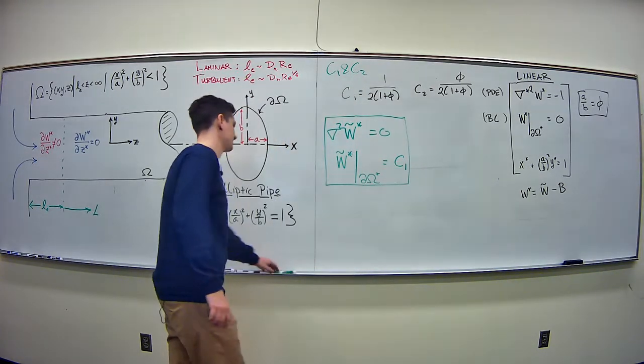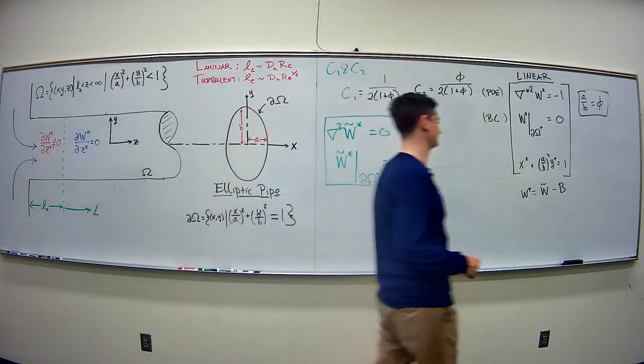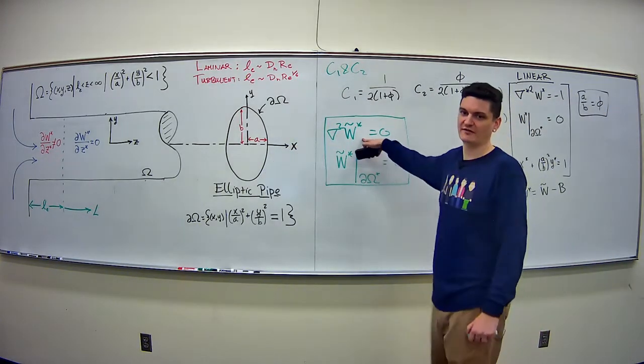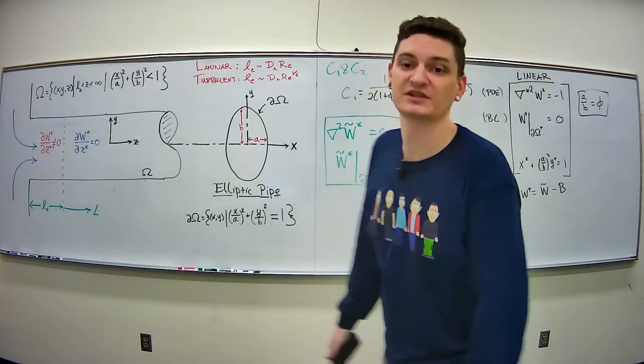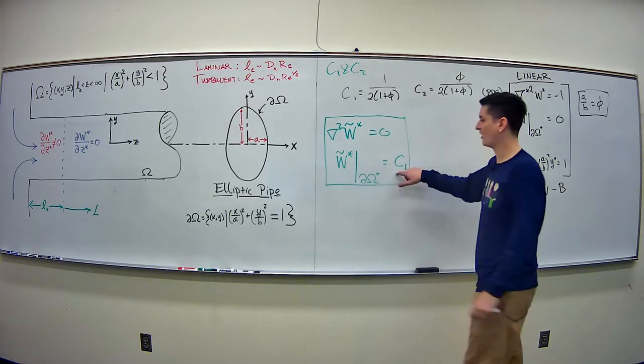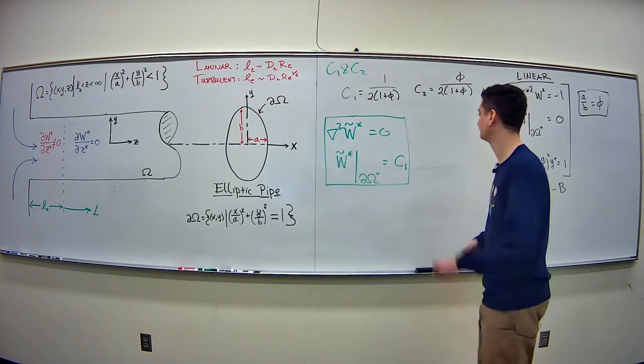Now I want to maybe just show you why that would be the case. What this equation says is find me the function w that has 0 curvature, and then on the boundary is equal to 1 value.